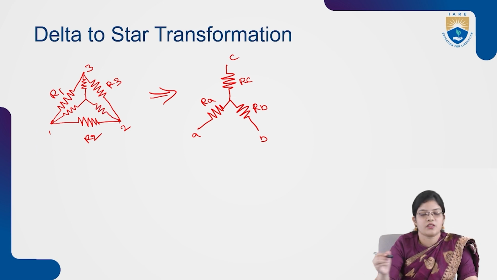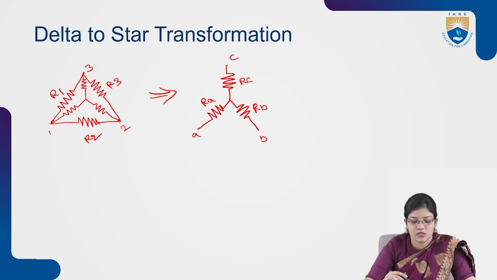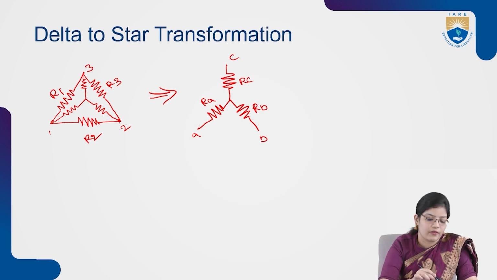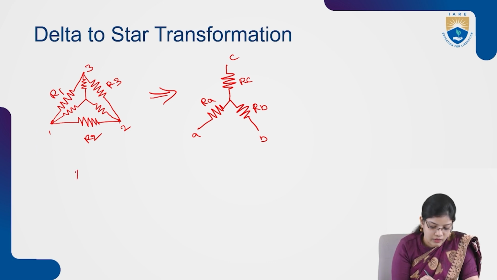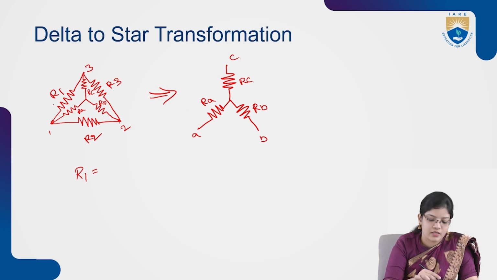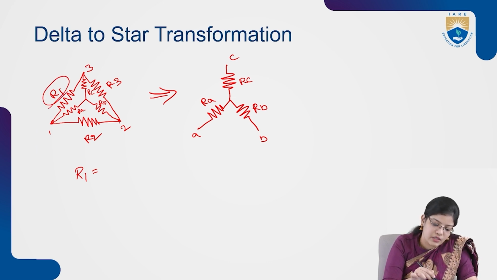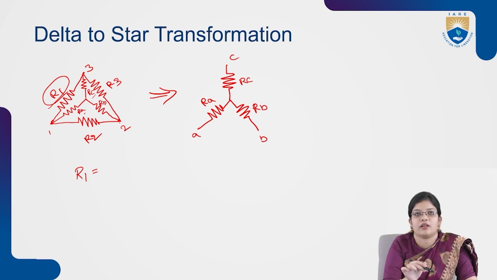In the same fashion as we converted star to delta, first we have to see at this node what terminals are connected. So if we are calculating R1, and this is denoted with RA, RB, RC, if we consider this resistance R1, for this resistance terminals RA and RC are connected.